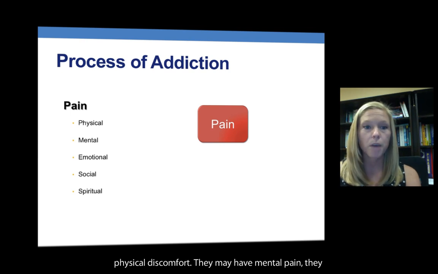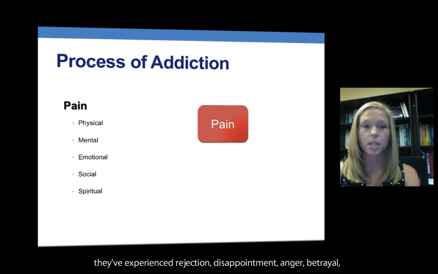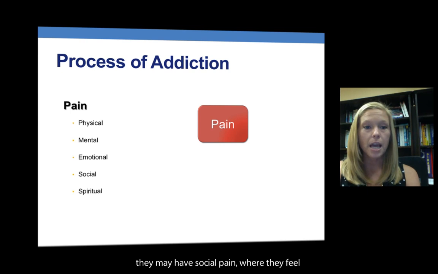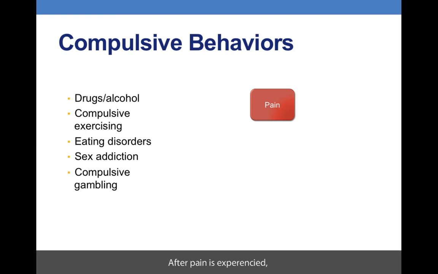They may have mental or emotional pain, where they've experienced rejection, disappointment, anger, betrayal. They may have social pain where they feel loneliness, isolation, abandonment, or it could be spiritual pain where they feel like they have a lack of purpose in this life or a general emptiness. We can look at pain as being the trigger for engaging in either those compulsive behaviors or coping.